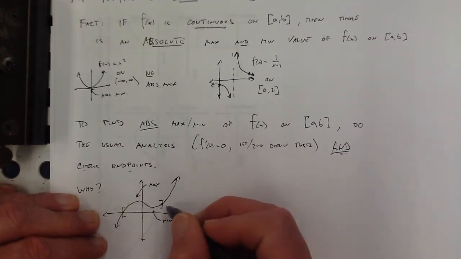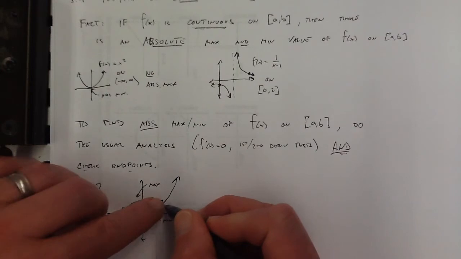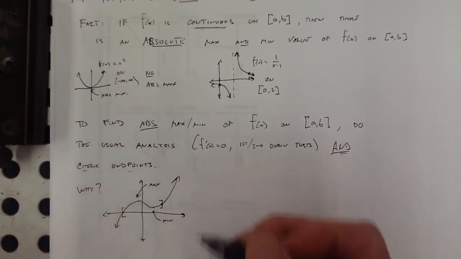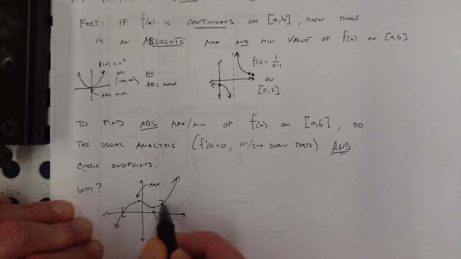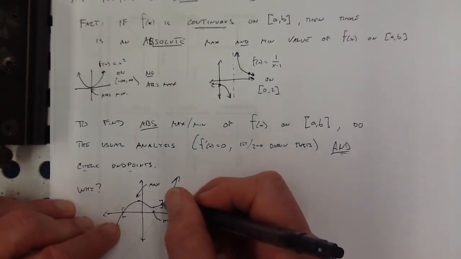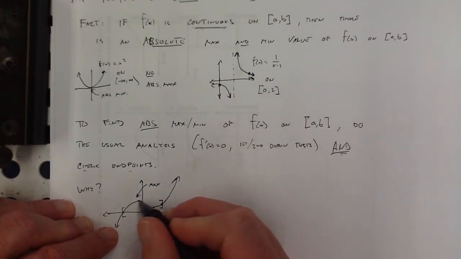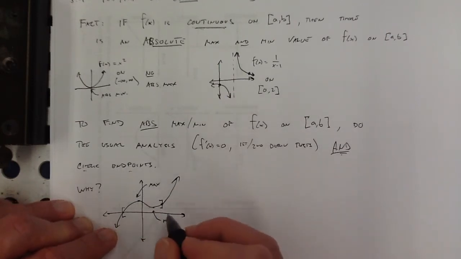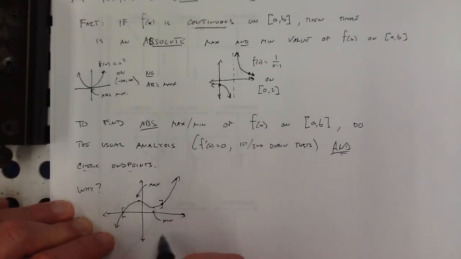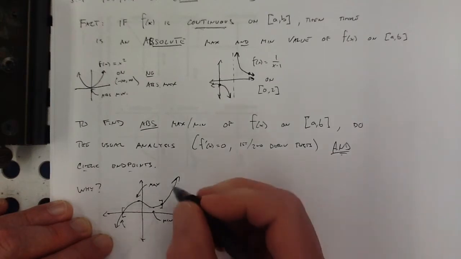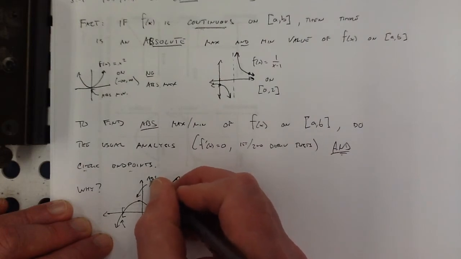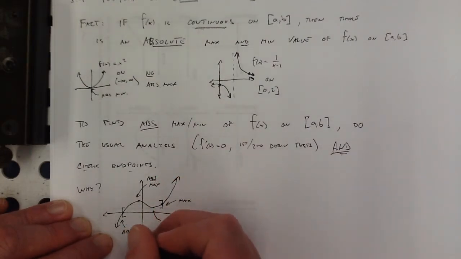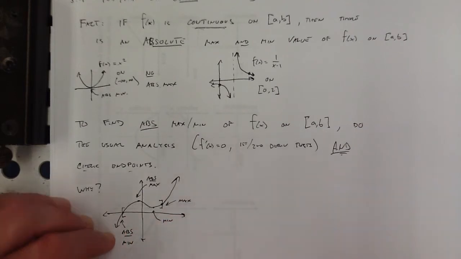And as it goes up here, this endpoint is actually a maximum. Is it the absolute maximum? No, not in this case, because this looks like it's a little higher, right? But we do have to check that because it's a candidate. It is a maximum at that endpoint, and it could have been the absolute max. Here, this minimum, is that the absolute minimum? No, the absolute minimum is at the endpoint.